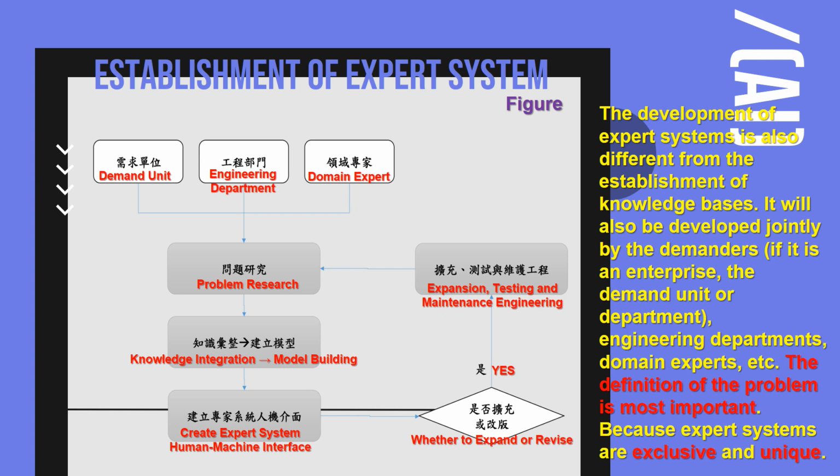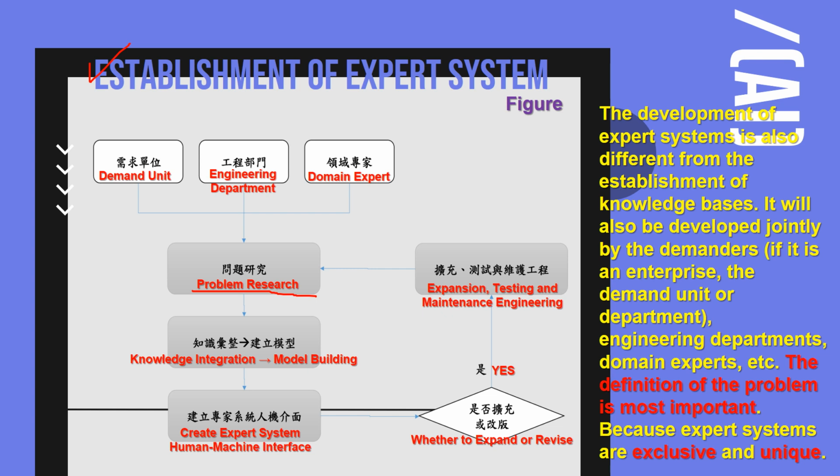And when you want to establish the expert system, they have a flow chart here. So like I said, this is called a causal effect. They have 3 units. The first one is the demand and engineering department and domain expert. They will, as a whole, propose the problem research. Then they will integrate the knowledge and go forward to the model building.